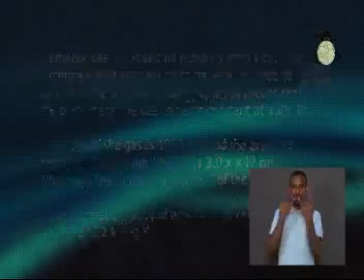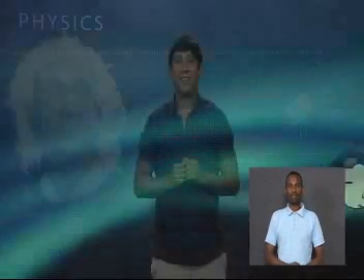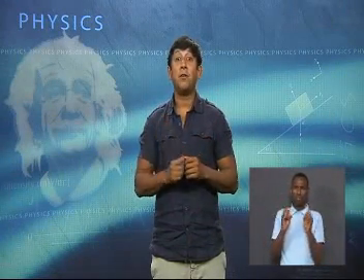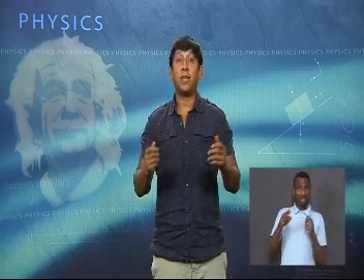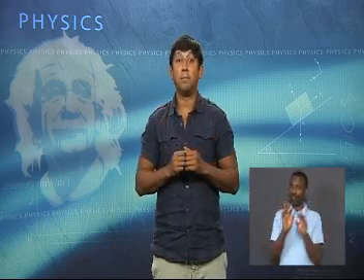Time's up. Let's get back to our lesson. Hello again. I hope that you did not have too much trouble with this challenging problem. Let us look at the answer together.